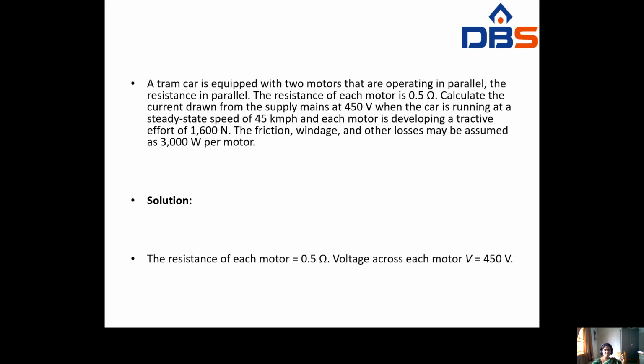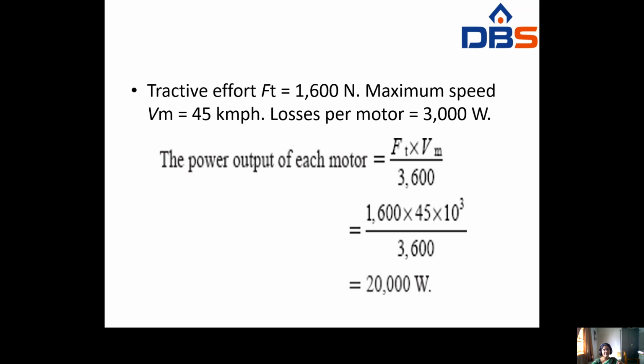So see here the resistance of each motor is 0.5 ohms and voltage across each motor V will be 450 volts. So in the problem, these are all the values given. Tractive effort Ft equal to 1600 newtons and maximum speed Vm equal to 45 kilometers per hour.